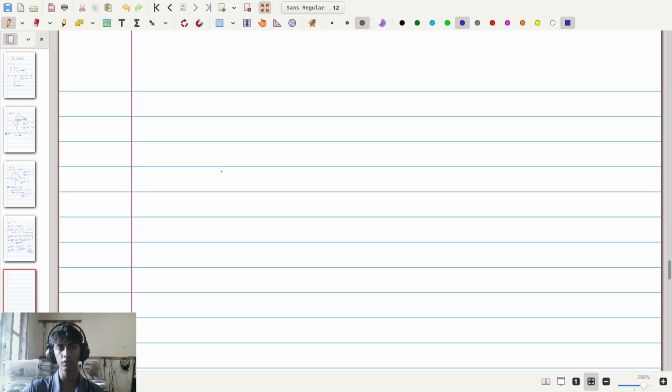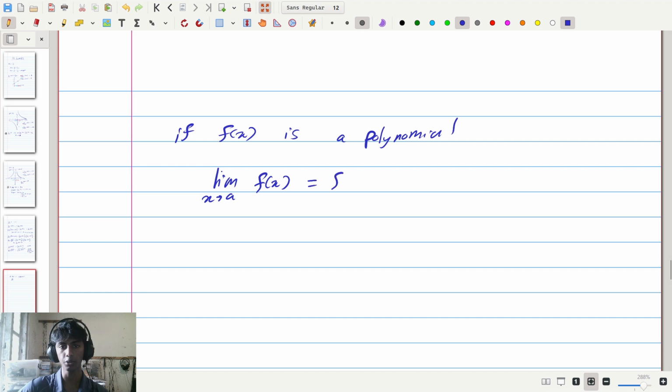One important theorem on limits is that if f of x is a polynomial, then the limit as x approaches a of f of x is simply equal to f of a, meaning that we can just substitute the value that we want into the function to get its value at a certain limit. This is true because, of course, f of x as a polynomial is a well-behaved function.